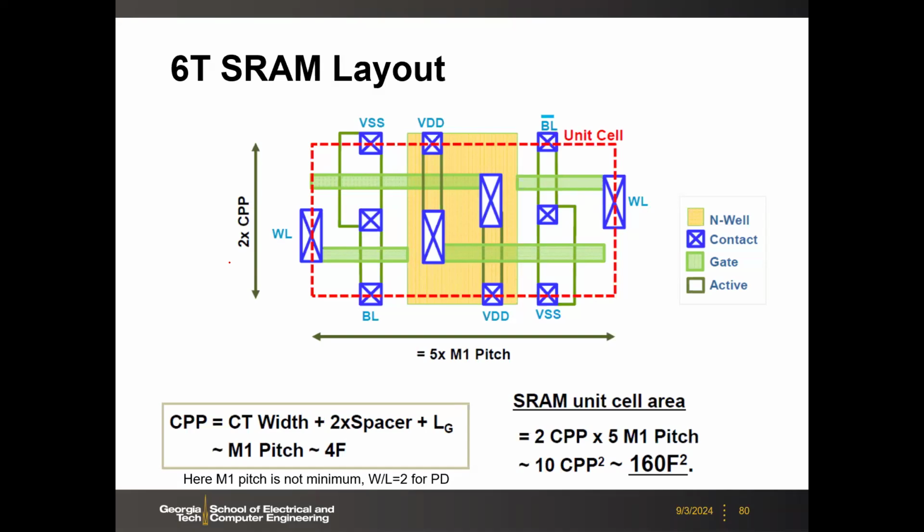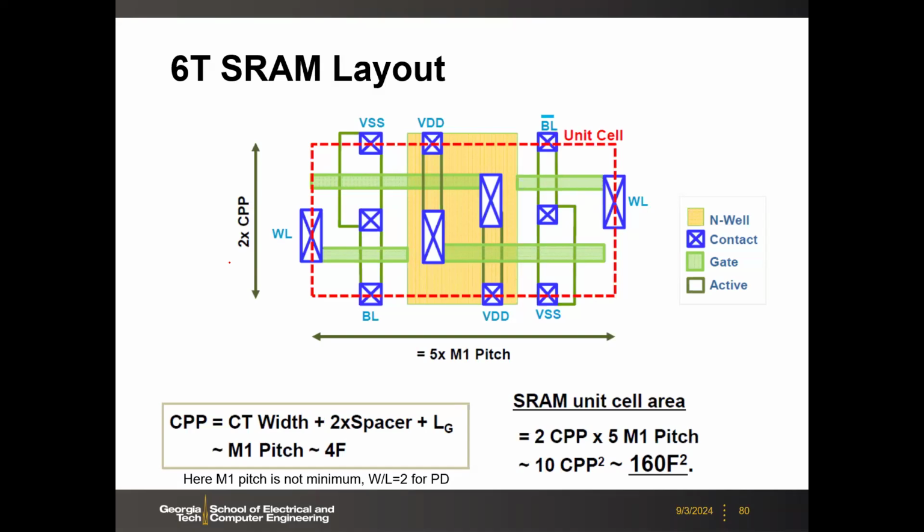What is important here? I hope you have this capability, because it may be in your homework, maybe in your exam, to look at this layout. You need to understand which is which. Basically, the question is, where is the pull down? Where is the pass gate? Where is the pull up transistor on this layout? You should be able to locate that.